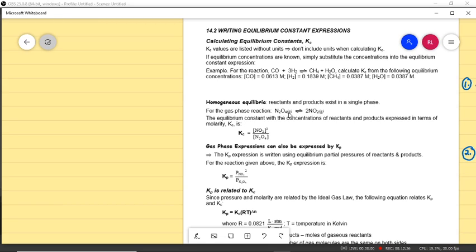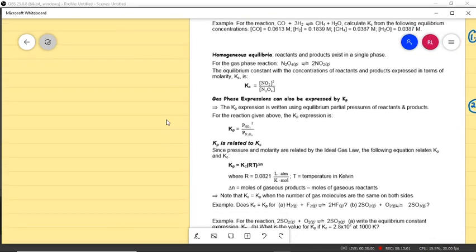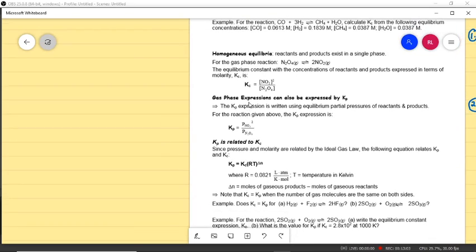Just like, for example, this one. Your product and reactant are all gases. So therefore, this given equilibrium is homogeneous. That is what we mean by homogeneous. Now we also have here gas phase expressions.